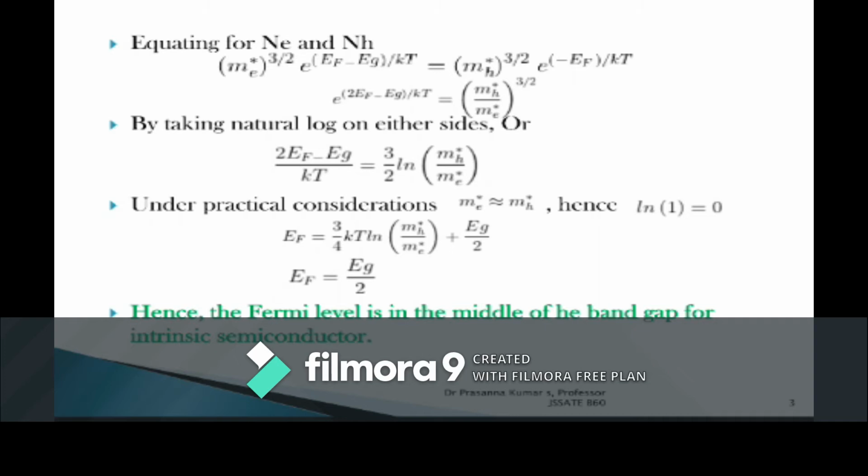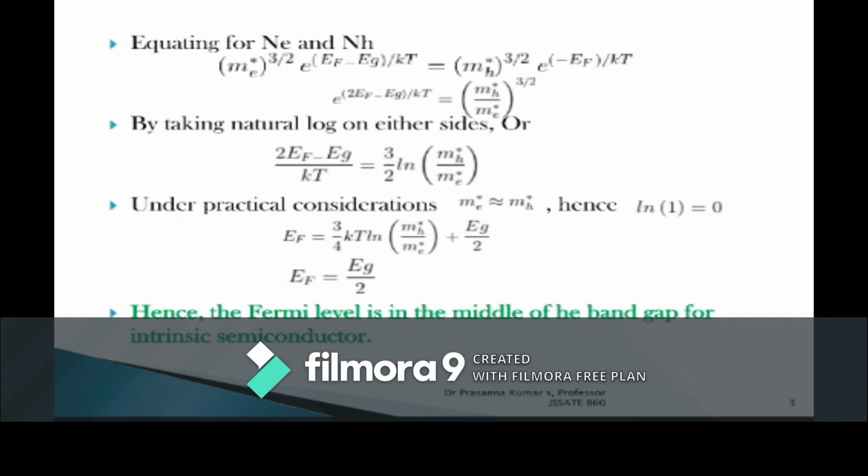Using the equality, the electron concentration equals the hole concentration. On the left we have me star to the power 3 by 2 e to the power EF minus Eg by kT, and on the right hand side mh star to the power 3 by 2 e to the power minus EF by kT. I told you that me and mh are the effective masses: me is the effective mass of the electron, mh the effective mass of the holes.